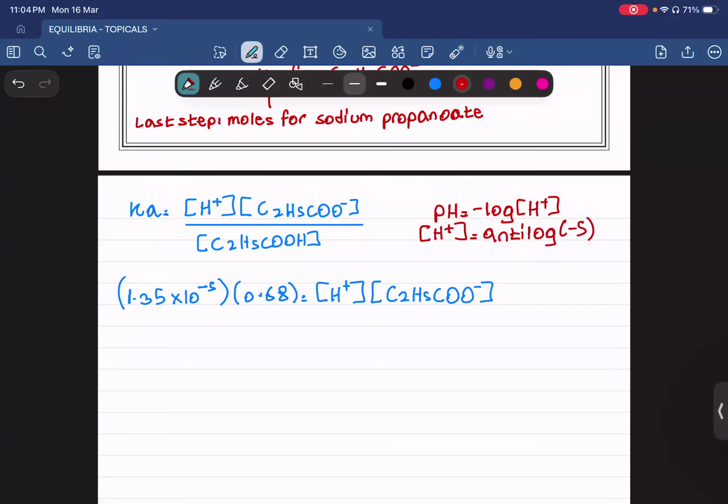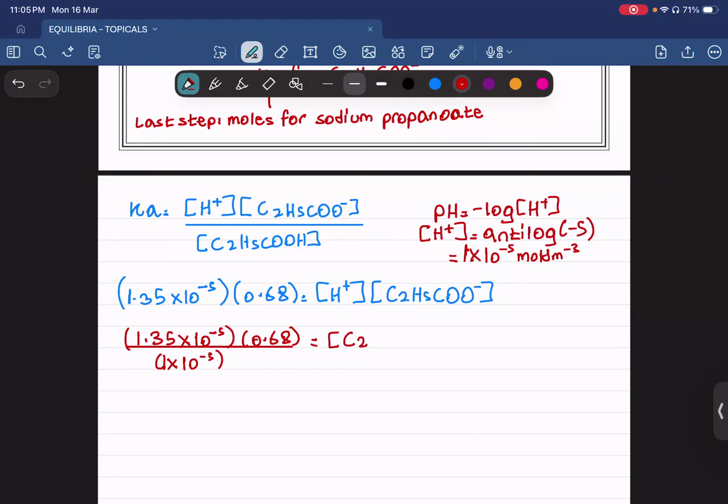And let's look at what this is. Antilog of minus 5 is just 1 times 10 power minus 5 mole per dm cube. So you have this as well. Let's just divide both sides by concentration of H plus ions. So 1.35 times 10 power minus 5 times 0.68 divided by 1 times 10 power minus 5. What do we get?